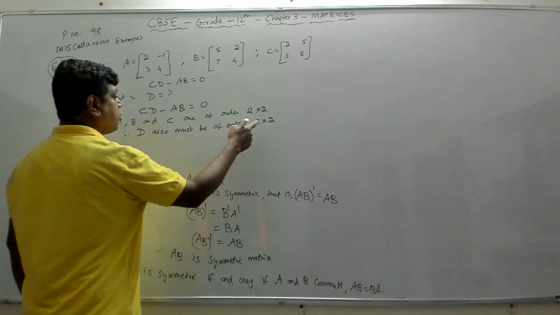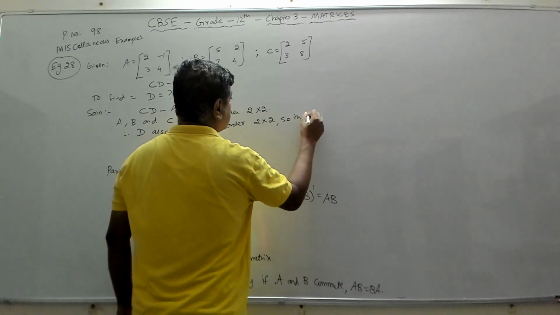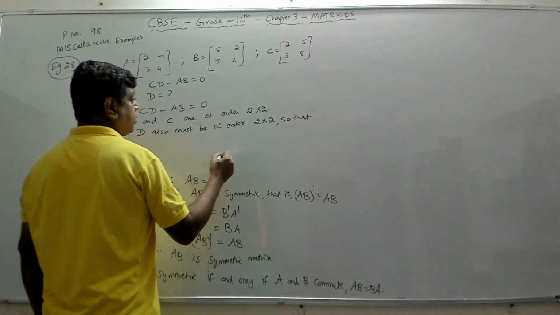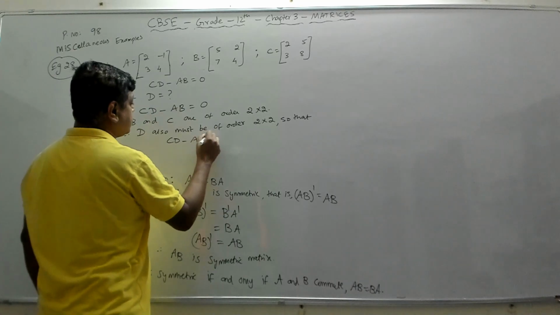Therefore, D also must be of order 2 cross 2 so that CD minus AB is defined.